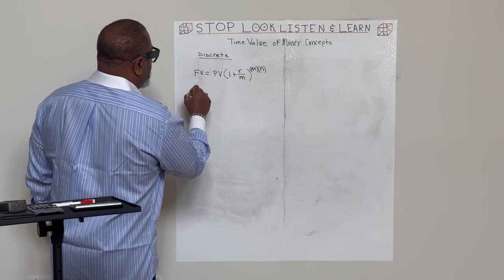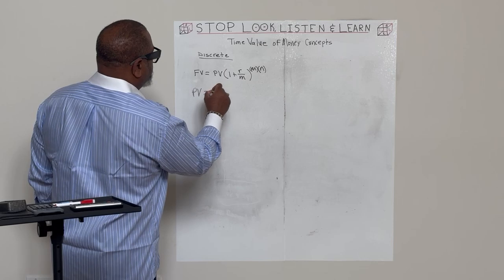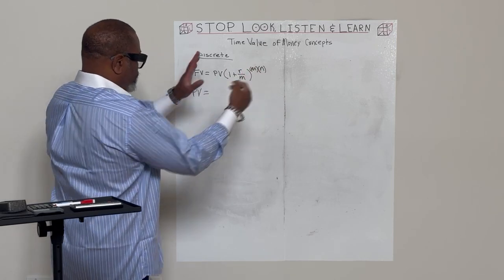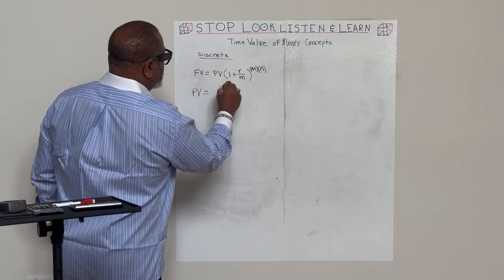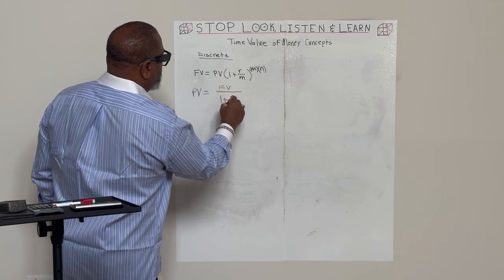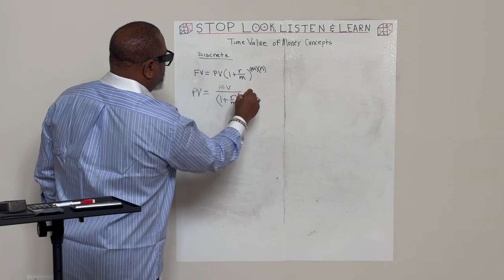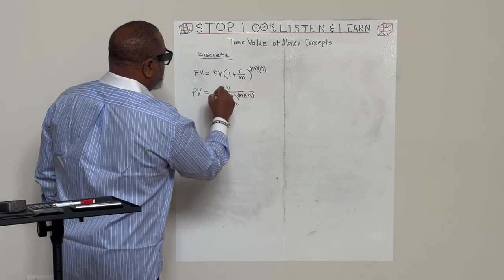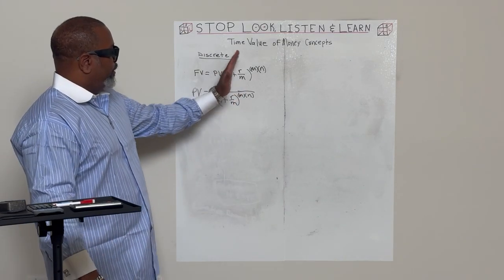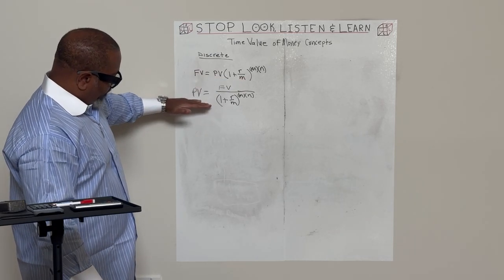So the present value is going to be equal to, I'm just swapping everything, the future value divided by 1 plus R over M raised to the M n. So you just take this factor here and you divide both sides by that factor, and that will give you the present value.